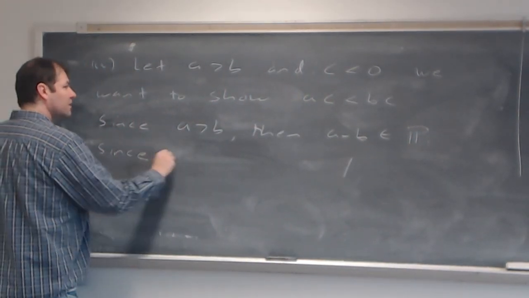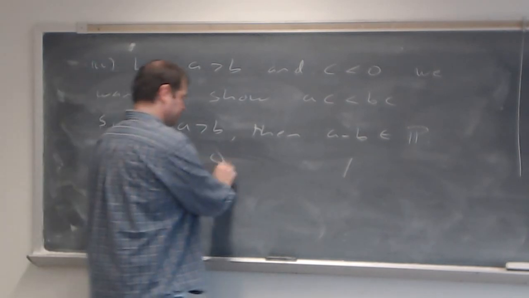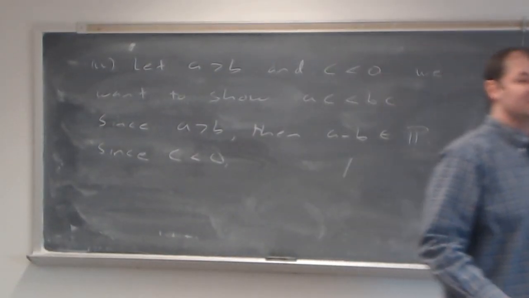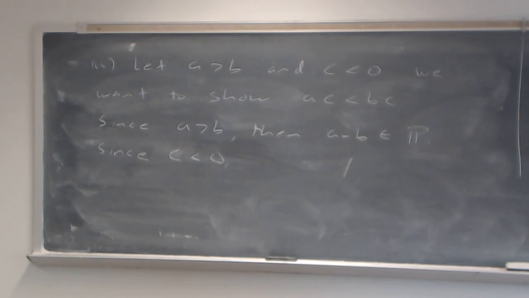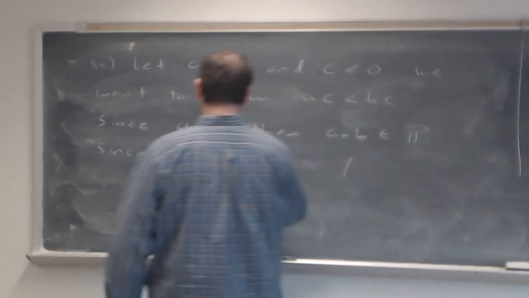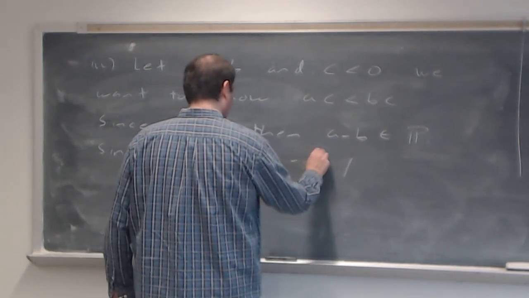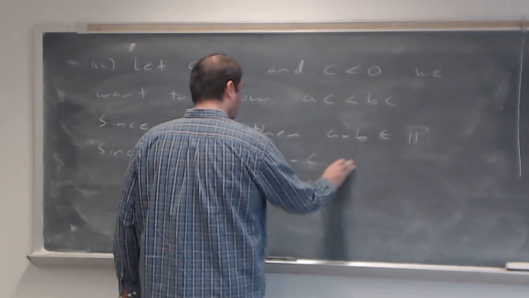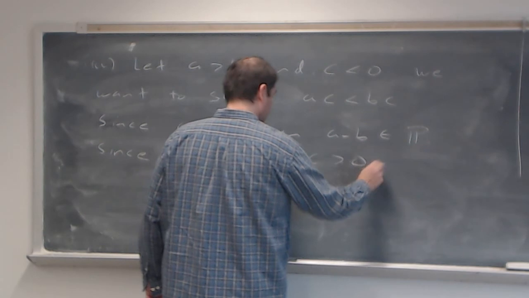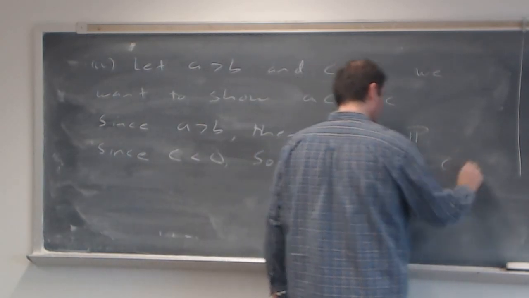Since C is less than 0, that means that C is not positive. And because C is less than 0, C isn't 0. So by the order property, that means that minus C is greater than 0. So minus C is positive.